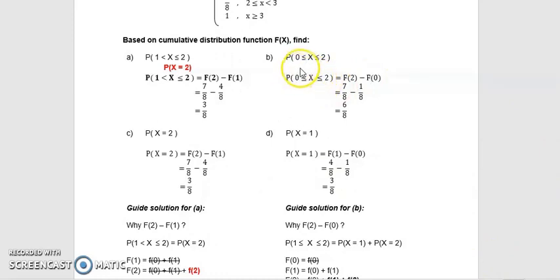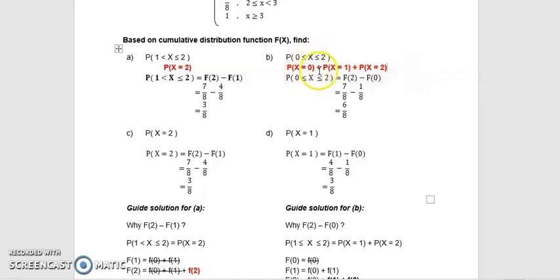Now look at question B. We want to find the probability of x greater than or equal to 0 but less than or equal to 2. What are the values of x in this interval? It will be the probability of x equal to 0, plus the probability of x equal to 1, plus the probability of x equal to 2, until 2 only because it is less than or equal to 2.